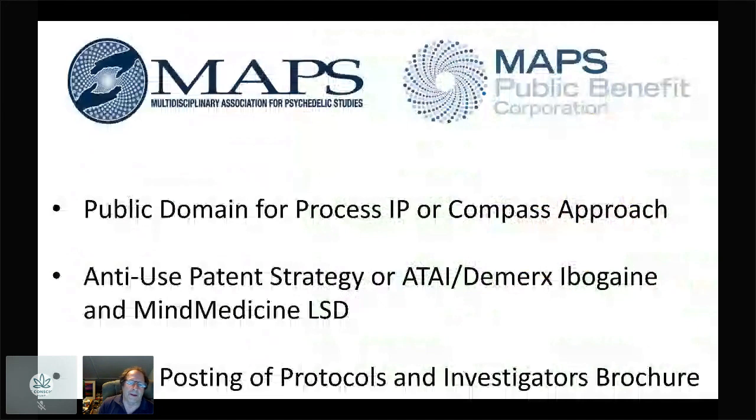So there are process patents. Compass has tried to patent the process for manufacturing psilocybin. They've made overbroad patent claims, and they've lost a lot of those under challenge. So I think that's not good.